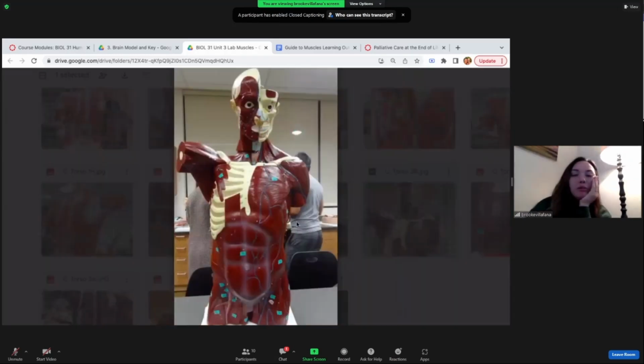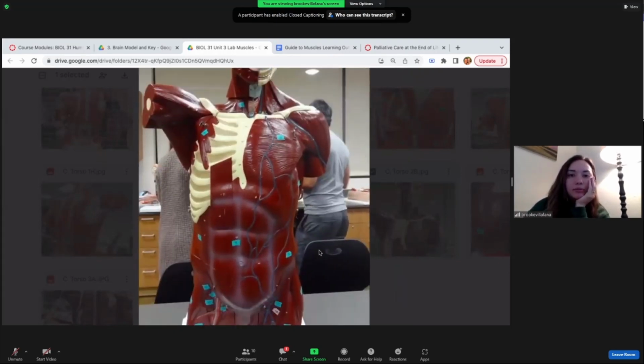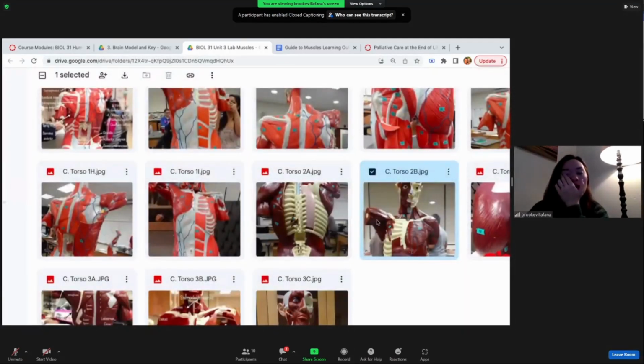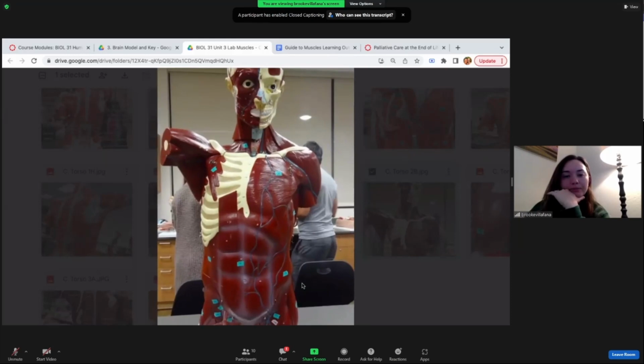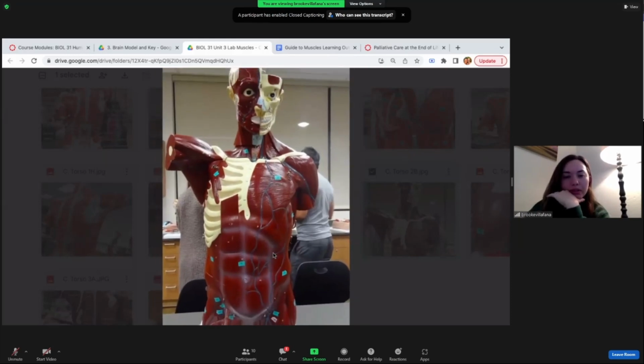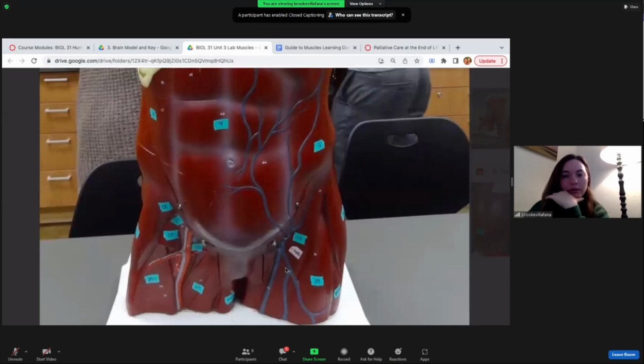Trying to move it on the wrong spots. What's going on here? There we go. So there are some muscles of the front of the legs that you guys need to know. Let me try to zoom on those. I don't think this thing lets me zoom in down there. Oh, there we go. Okay.